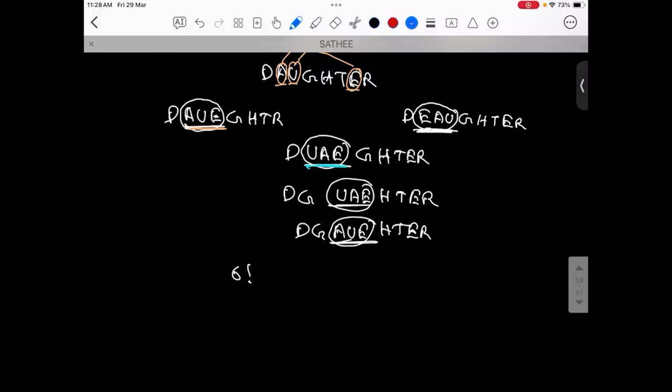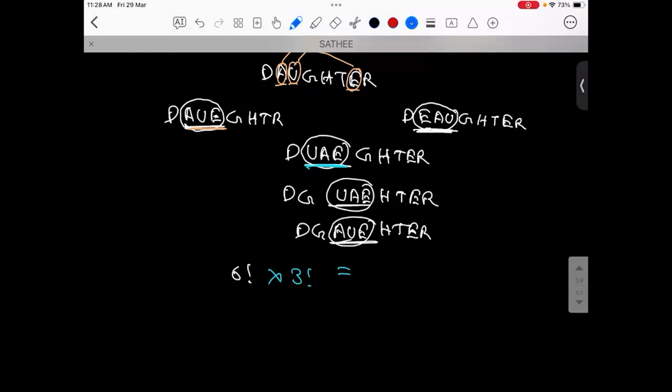So for each of the 6 factorial cases, we will get 3 factorial extra cases depending on the arrangement of these 3 vowels. So we will multiply this 6 factorial by 3 factorial to obtain the actual number.